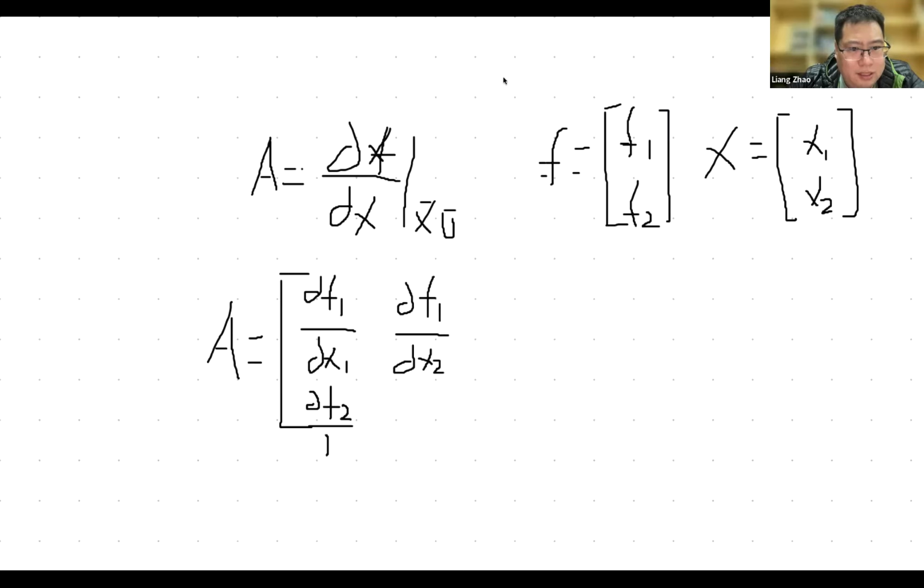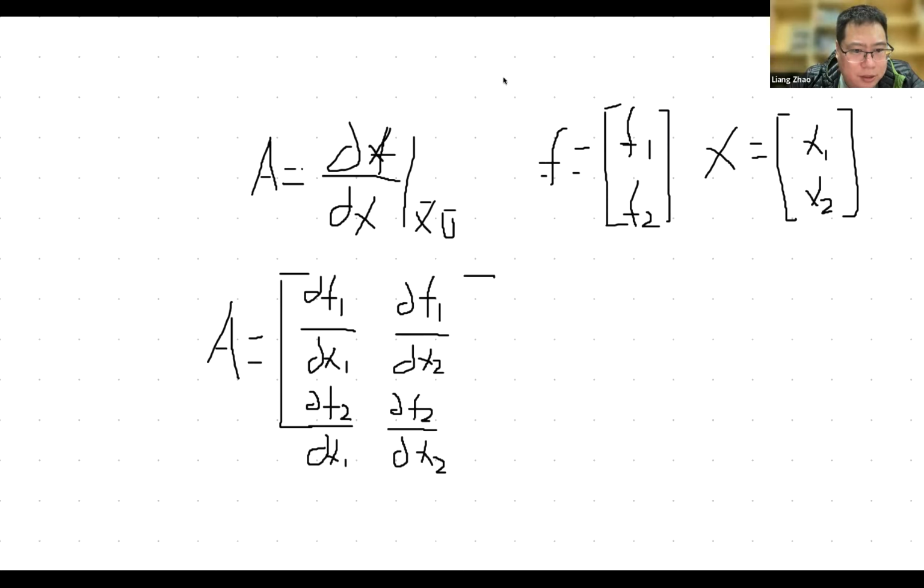Row X1, the first column is still X1. And then it's row F2, row X2.